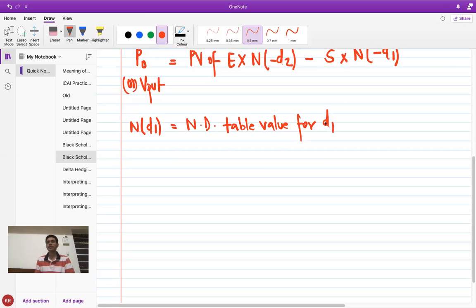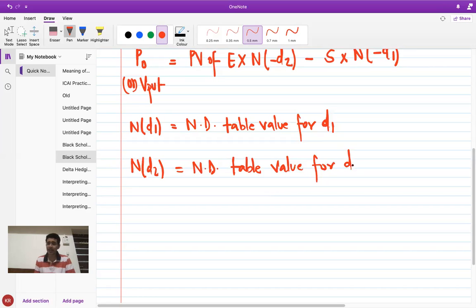For those of you who know what normal distribution is, what we do is we go and find out the value of D1. D1 is like Z. We find the value of D1 and we find the corresponding probability for D1. That probability is nothing but ND1, and ND2 is the normal distribution table value for D2.